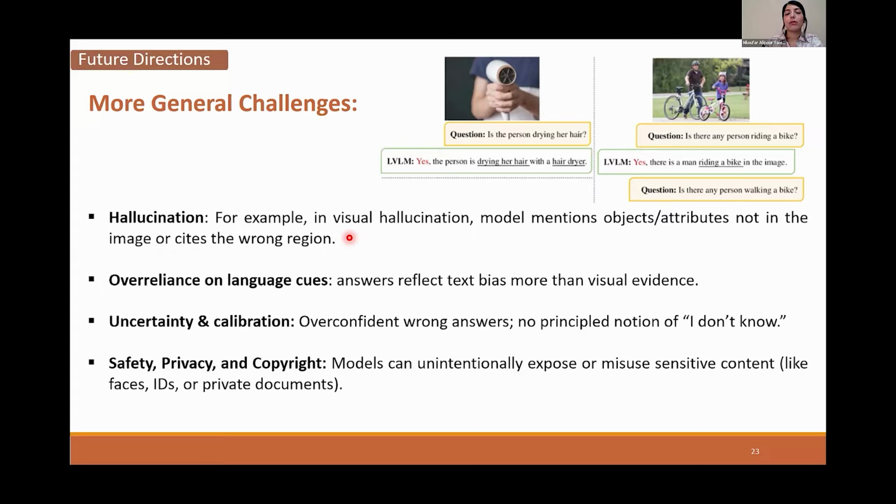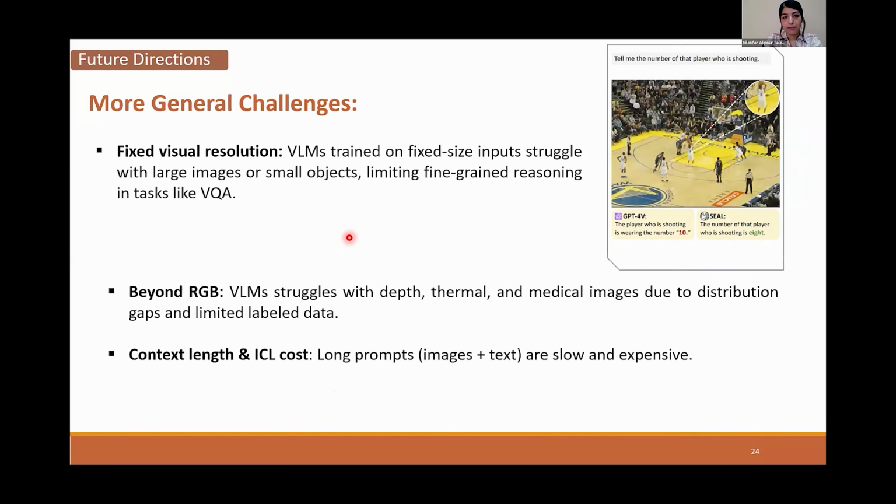As VLMs usually utilize continual learning, they use such inputs to improve themselves, and it can be unintentionally misused for other applications, for example to answer questions for someone else. It's really important to work on it.